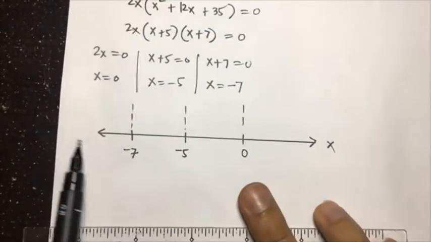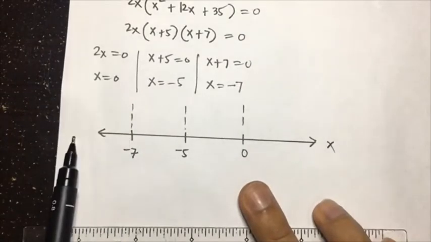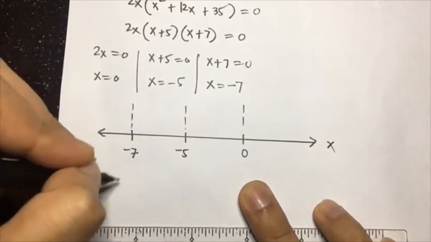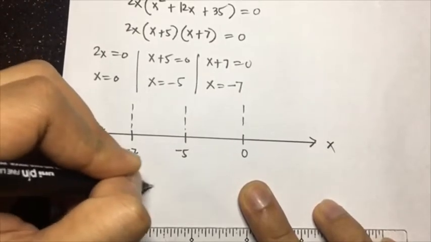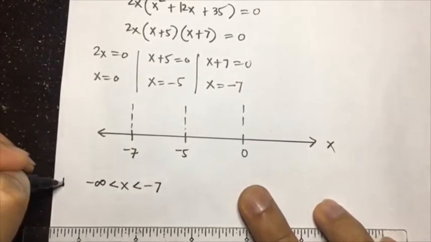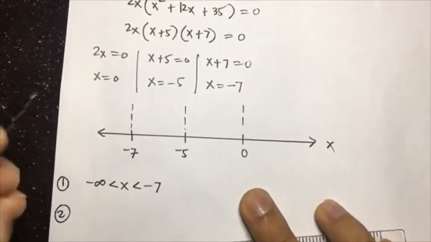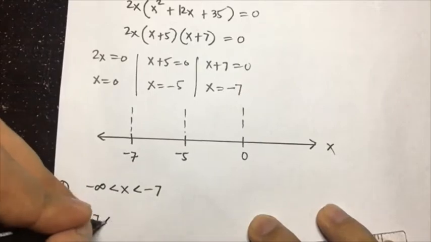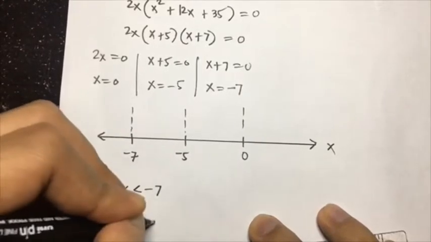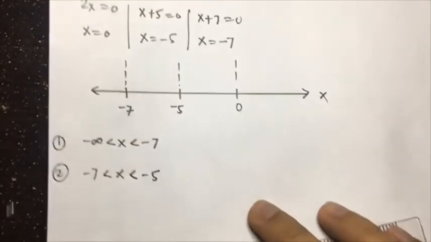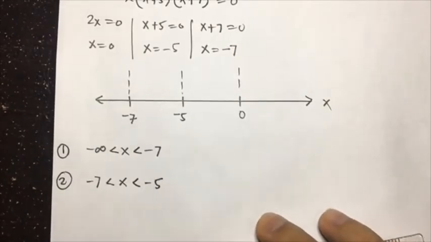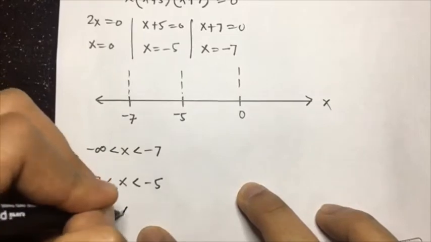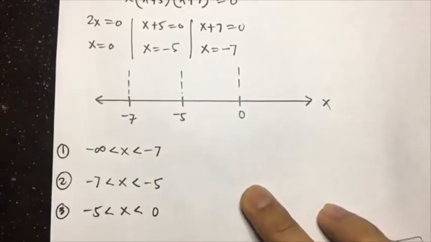The first one from left to right is from negative infinity to negative 7, so negative infinity is less than x is less than negative 7. The second one is negative 7 is less than x is less than negative 5. The third interval is from negative 5 is less than x is less than 0.